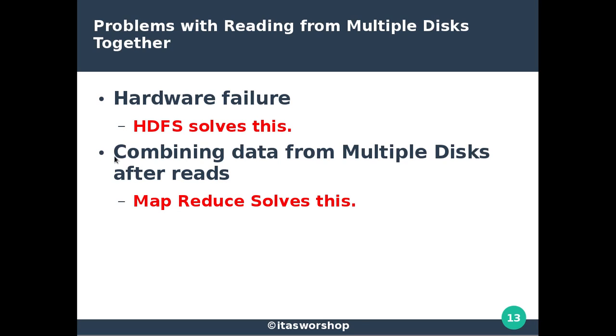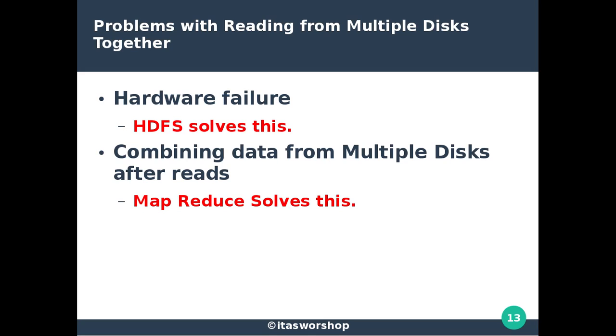Now the second requirement is combining data from multiple disks after reading. You are reading from multiple disks and now you need to combine the result, or the intermediate result. There are various stages at which you need to combine your result, and you need to provide a single result to the client or the user of the system.